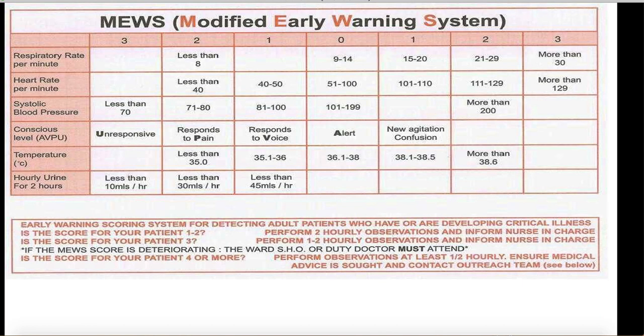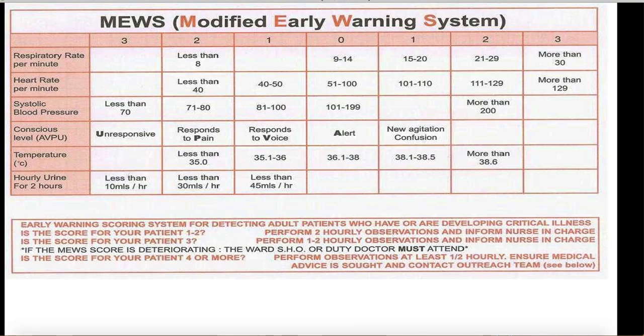What are the parameters on which we perform this scoring? These parameters are the respiratory rate per minute, the heart rate per minute, systolic blood pressure, conscious level of the patient, temperature, and hourly urine for at least 2 hours.